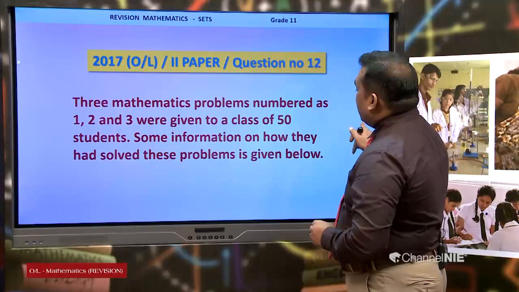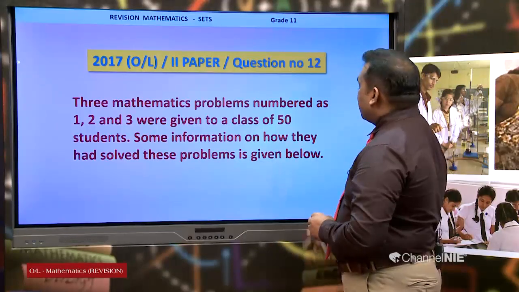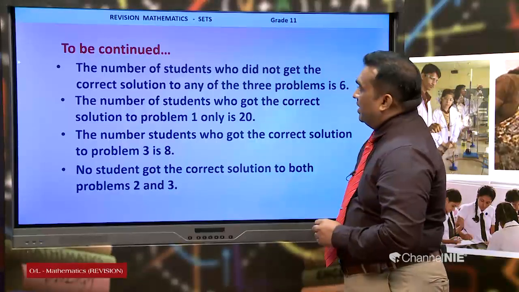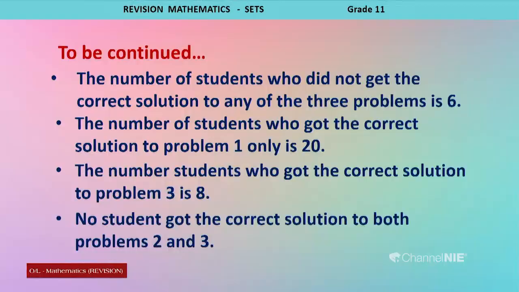Some information on how they had solved these problems is given below. The number of students who did not get the correct solution to any of 3 problems is 6, complement of 3 sets. Remember, the number of students who got the correct solution to problem 1 only is 20.